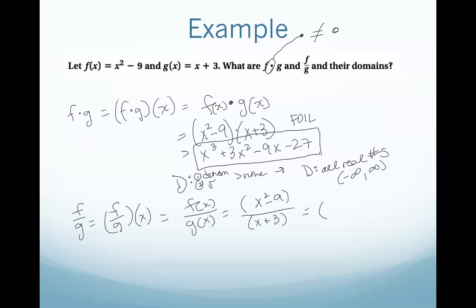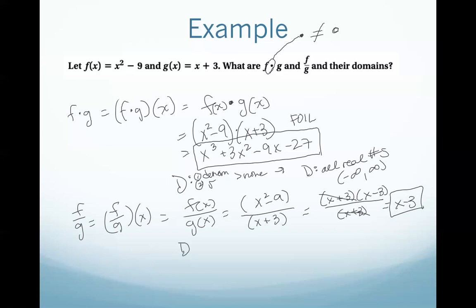So this is going to become, let's do it, x plus 3 times x minus 3 divided by x plus 3. It's factored. There's no addition or subtraction outside of parentheses, so I can simplify this to just x minus 3. However, I did have a fraction at one point.